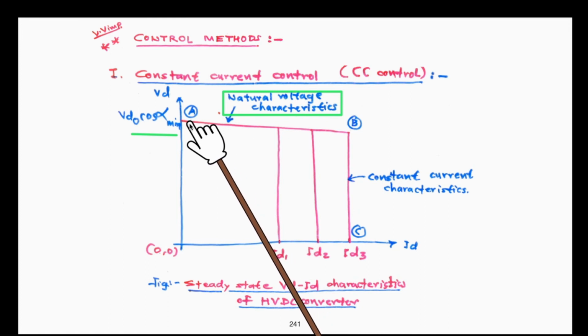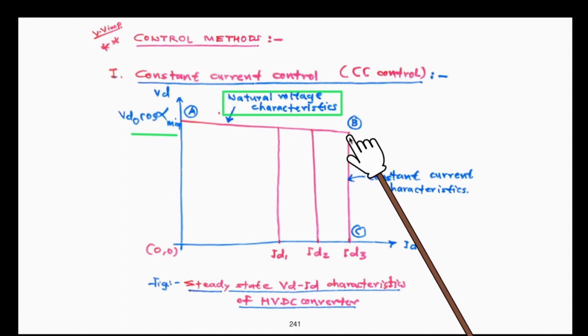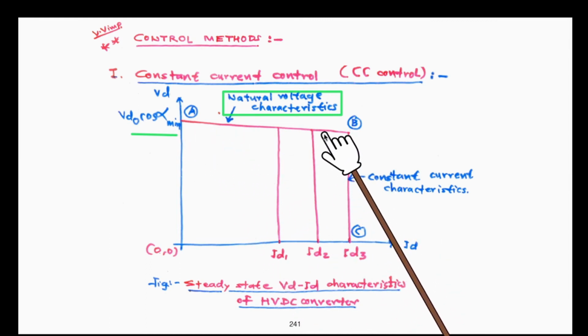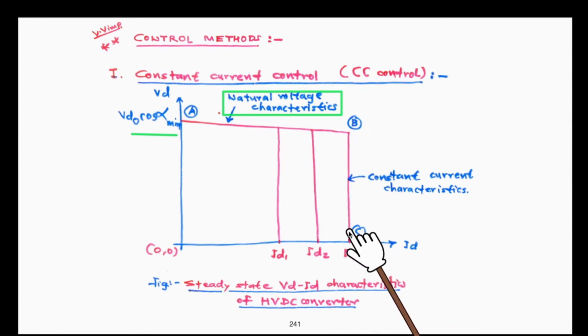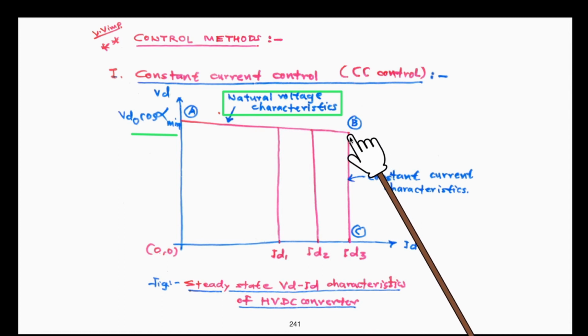But let us imagine that our converter has thyristor valves. Thyristors have a defined rating. Let us say the DC current rating of the thyristor is 1000 or 2000 amperes. Once the load current drawn on the DC line reaches the rated current of the thyristor, the current cannot be allowed to increase.